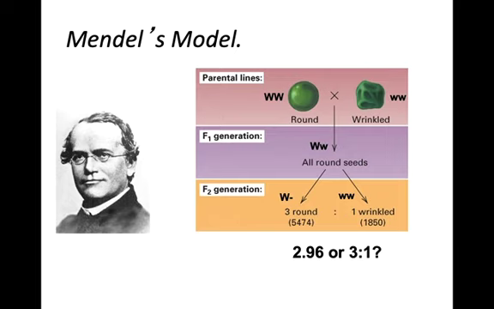Now, the observation that he made is that in this particular cross, there were all round seeds, and he proposed there were both of the alleles from the parental strains here, big W and here, little w, and he observed a 3-to-1 ratio, and we're going to actually talk about the mechanism of the 3-to-1 ratio of round to wrinkled and where that comes from.